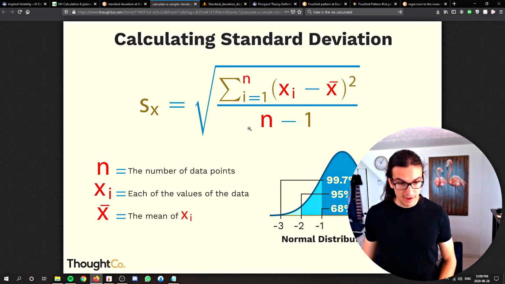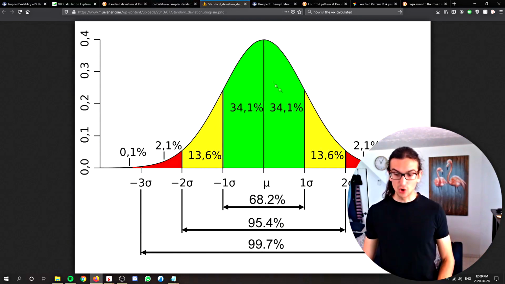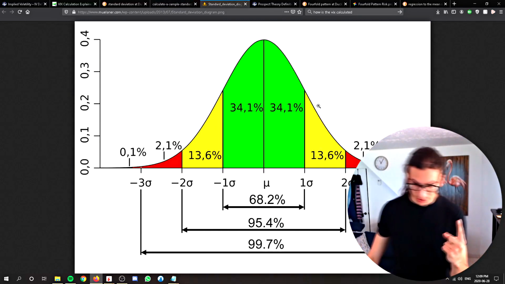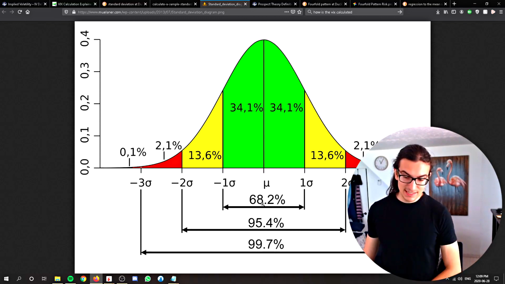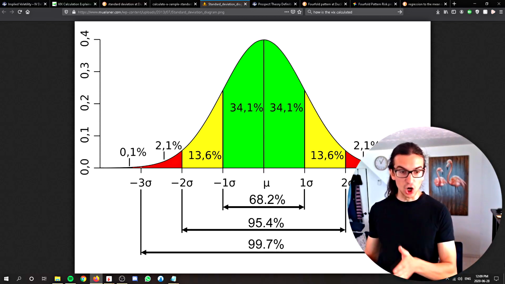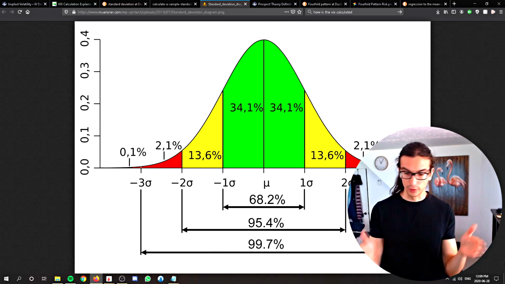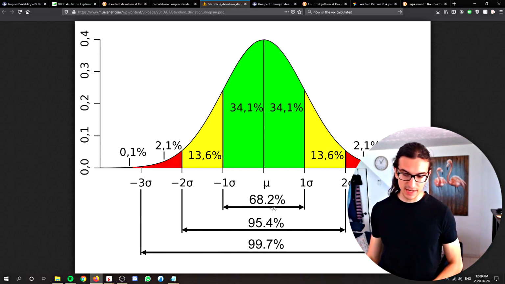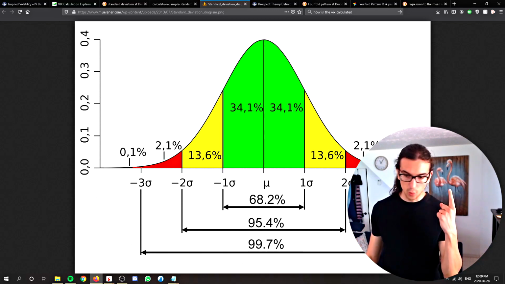And that right there is standard deviation. So one standard deviation is expressed as 68.2% of all of the data points that you put into it, okay? So that means that 68% of the time, that is what a one standard deviation move is. 95% of the time, that is two standard deviations.